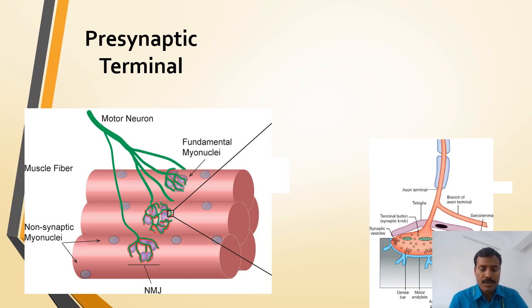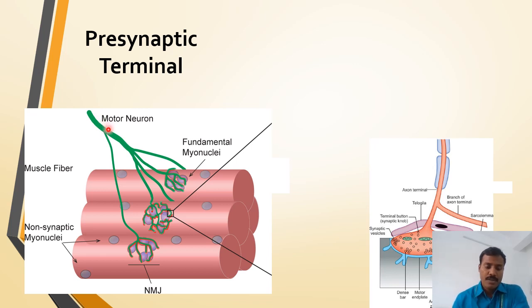The presynaptic terminal is the terminal portion of the motor neuron, which is called the axon terminal or terminal button. You can see the motor neuron supplying the muscle fiber, and this is the axon. Actually, the longest process of the neuron is the axon.